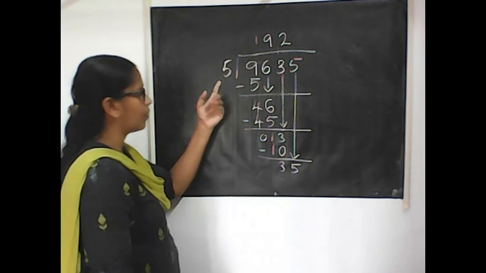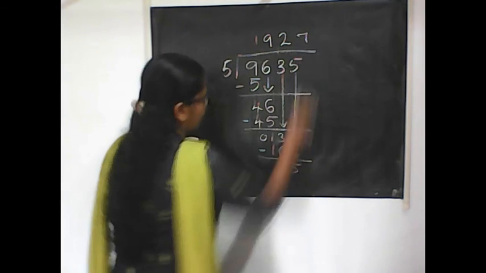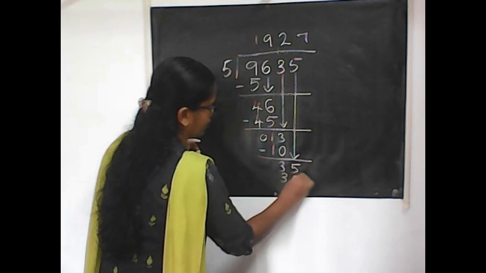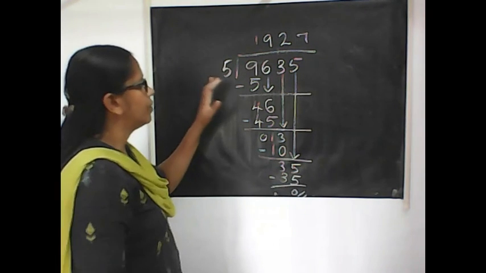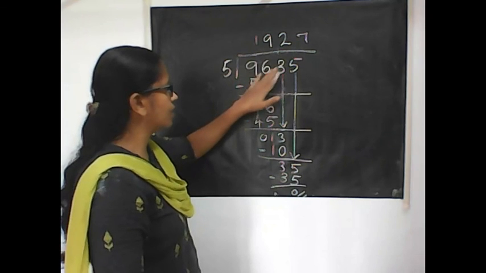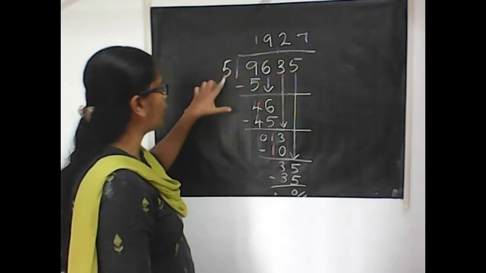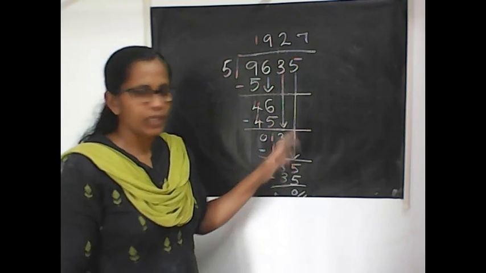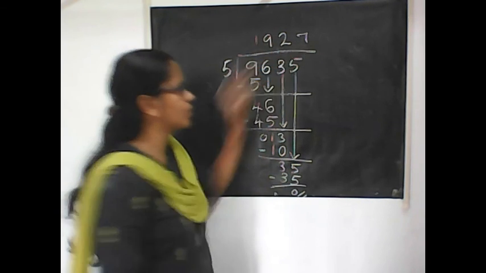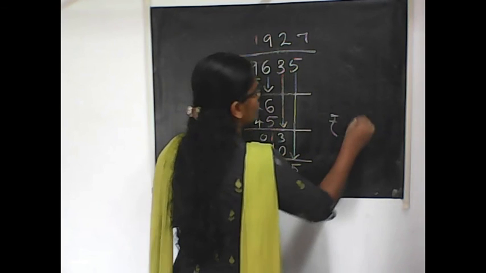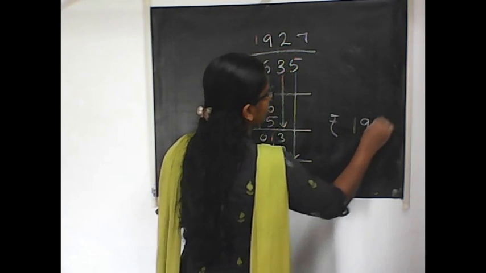Again say the table of 5. 7 5s are exactly 35. So no remainder. So if 9,635 rupees is divided among 5 people equally, each one will get 1,927 rupees. So the answer is 1,927 rupees.